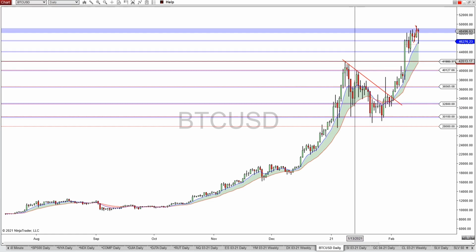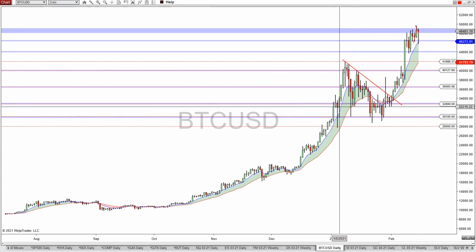That's double within a month, and that is extraordinary. We're not talking about a $2 stock doubling by moving from $2 to $4. We're talking about 20,000 to 40,000. That's a $20,000 move within a month.